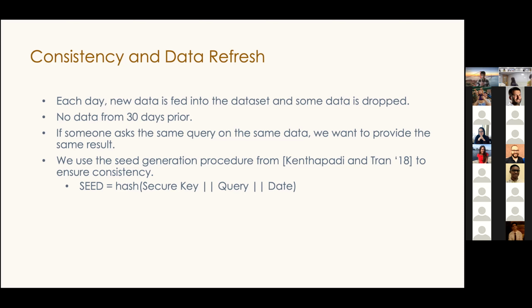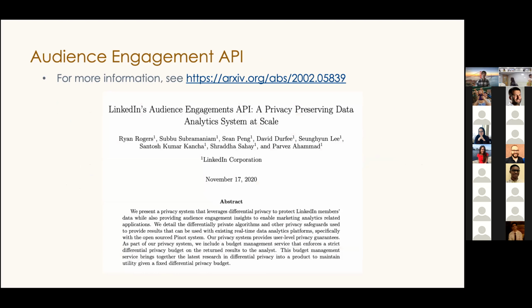So if somebody asks the same query on the same date, we give the same noise, and since the data hasn't changed, we give the same result. For more information, we have this paper that was recently accepted to JPC, which is interesting for a paper about advertising to be accepted to a privacy journal.